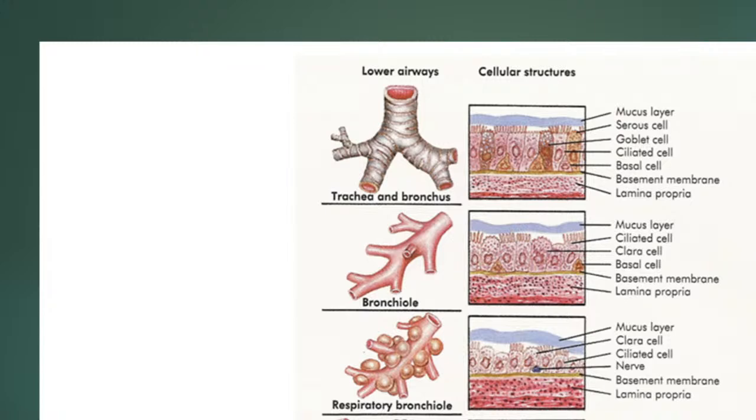Small bronchi. Small bronchi have a diameter of less than 2 millimeters, like intralobular ones, and they are covered by cuboidal epithelium.